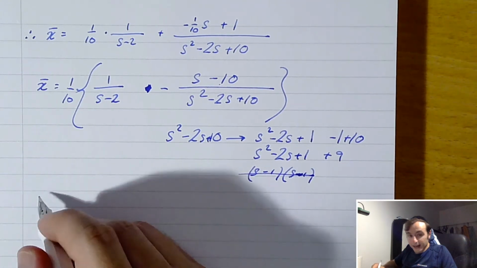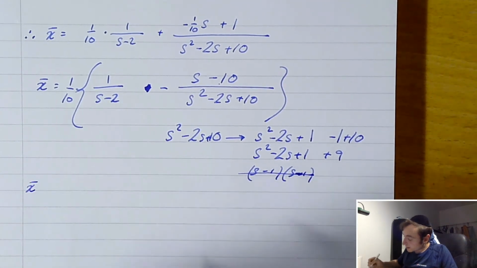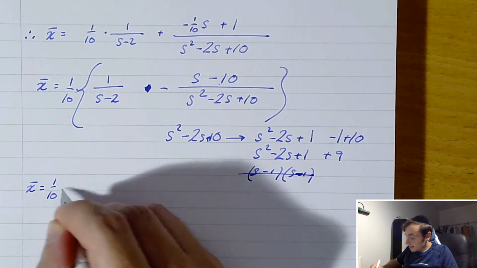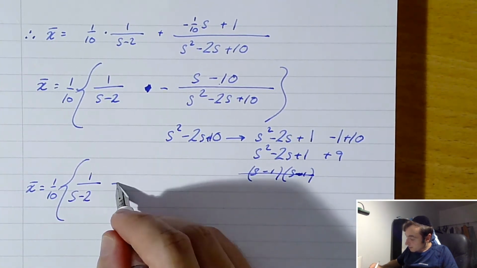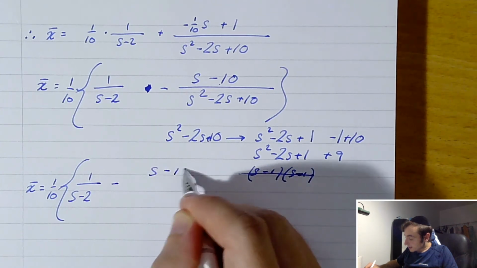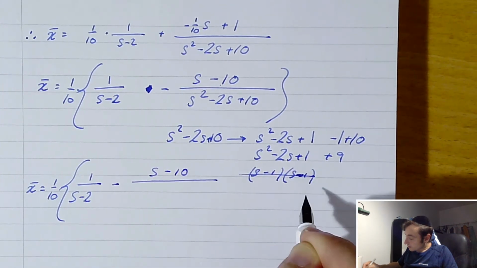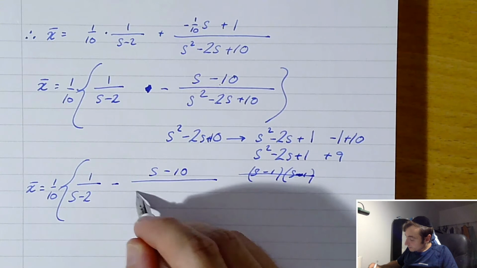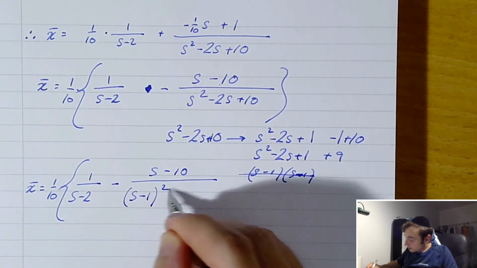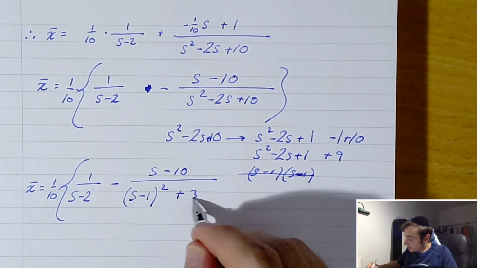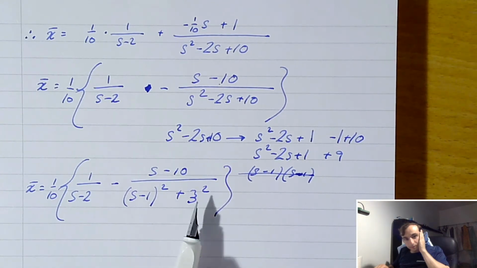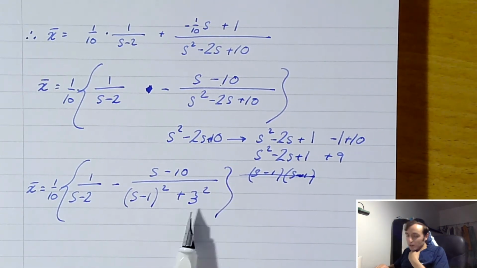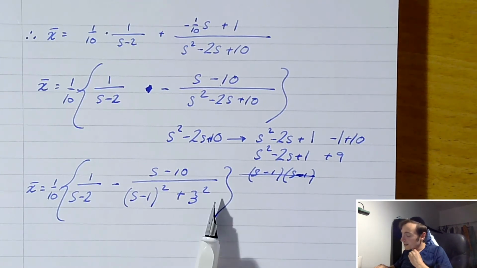So what we can now write is x bar equals 1/10 of 1 on s minus 2 minus s minus 10 all on s minus 1 squared plus 3 squared. Yeah, you can see that. And you'll see why I wrote the 9 as a 3 squared.